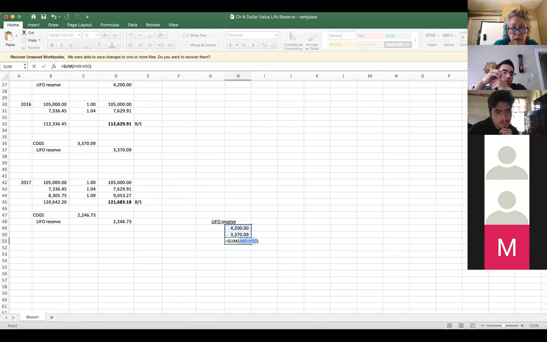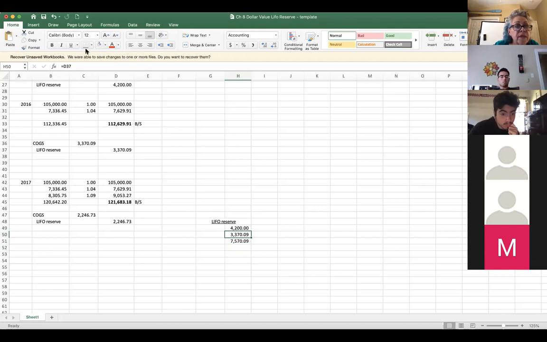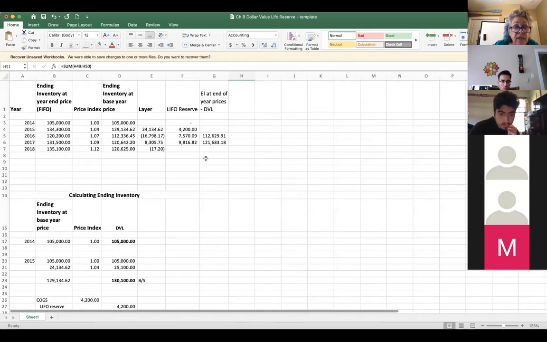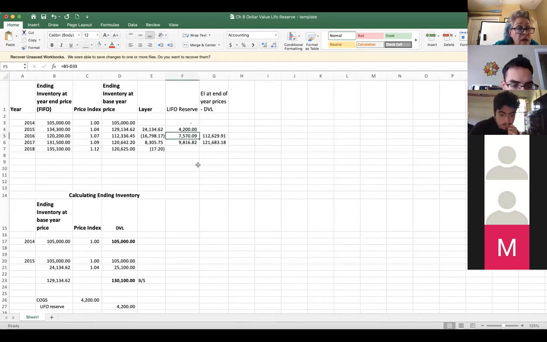So my unadjusted balance is 7,570.09, which is what I wanted it to be at the end of 2016.